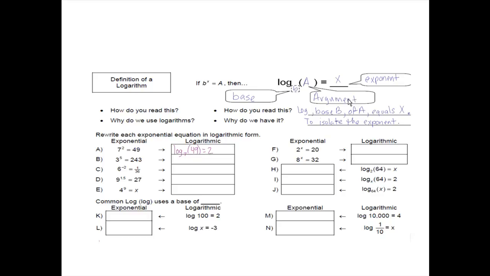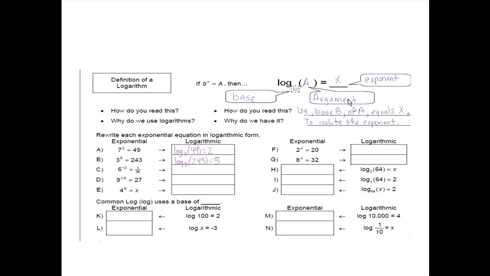Next one, 3 to the 5th power equals 243. The base is 3, the exponent is 5, and the argument is 243. So this becomes log base 3 of 243 equals 5.